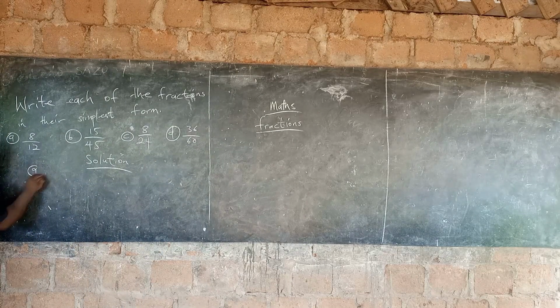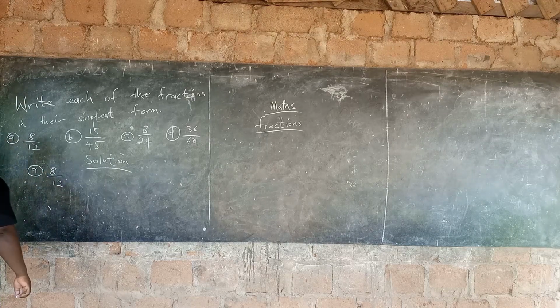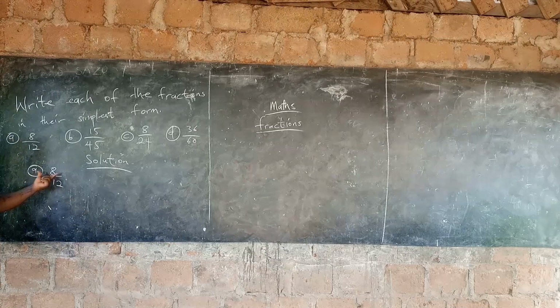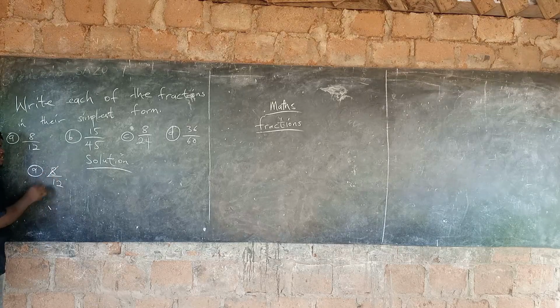A is 8 over 12. Good. Now, looking at these two numbers, their highest common factor is 4. So now, 4 will go into 8 how many times? 4 will go into 8 2 times.